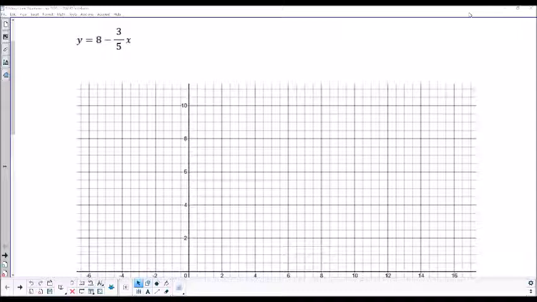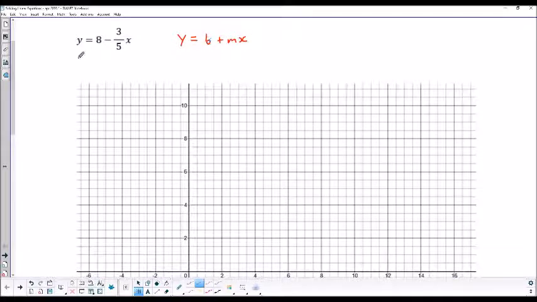So here's the graph of the equation y equals 8 minus 3/5 x. Recall that we're using the form y equals mx plus b, or y equals b plus mx, which is what I usually use.